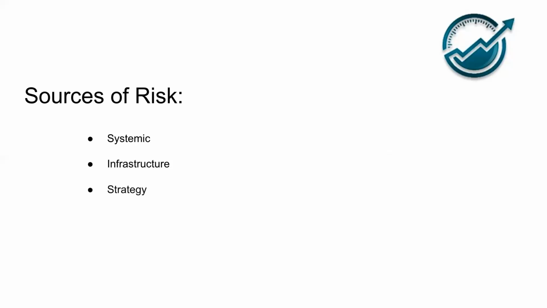Then thirdly, we have what is called strategy risk. And this is something that most traders get wrong. The problem with most strategies is that they're not profitable. But then the second biggest problem with strategies is that even those that are profitable, the majority are only profitable in the short to medium term.